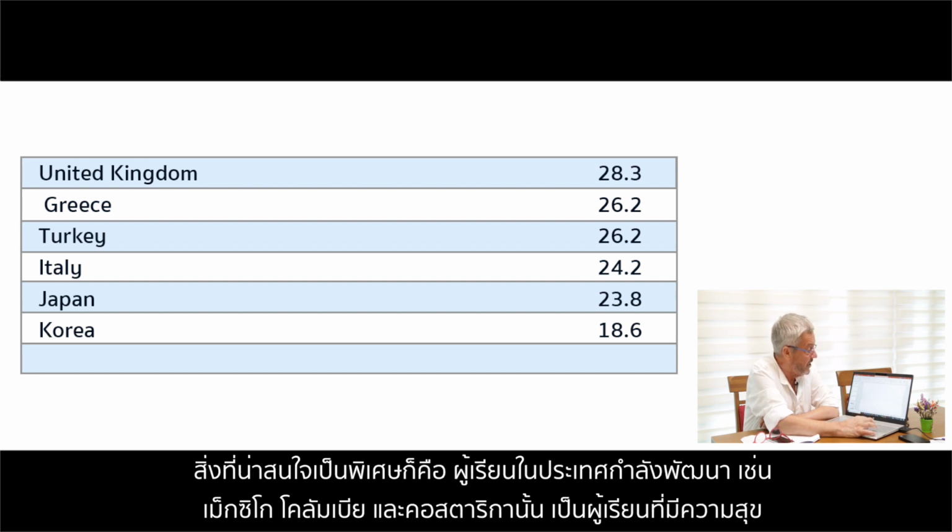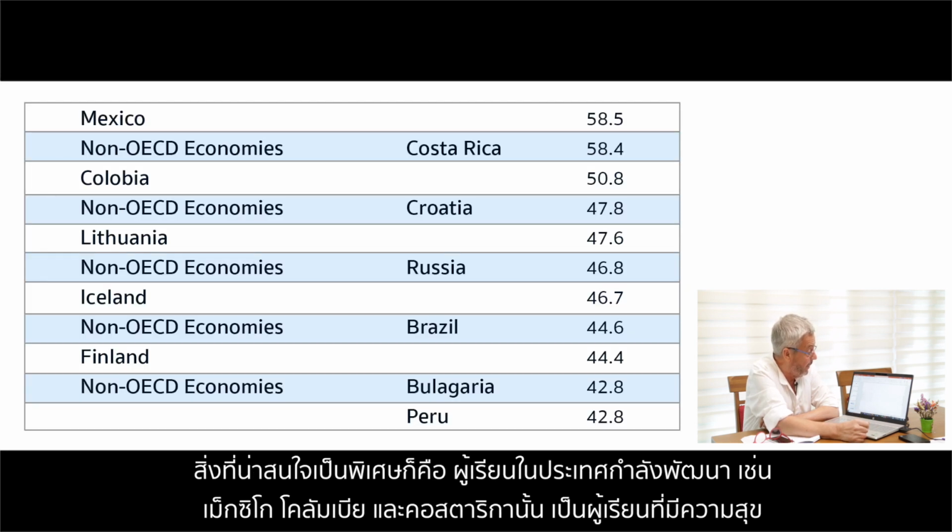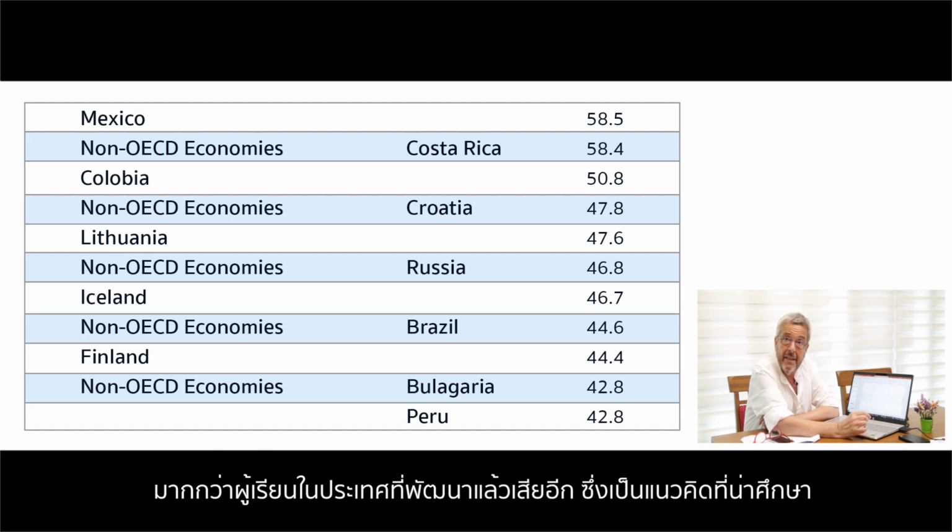It's interesting to note that young people in developing countries like Mexico, Colombia, and Costa Rica are much happier than young people in developed countries, and this is an interesting idea to explore.